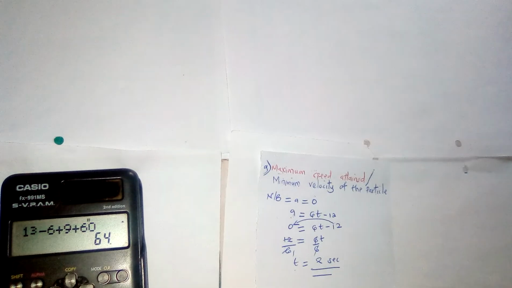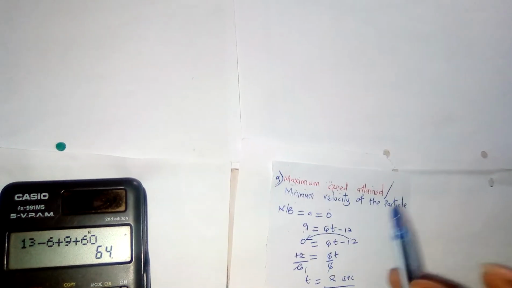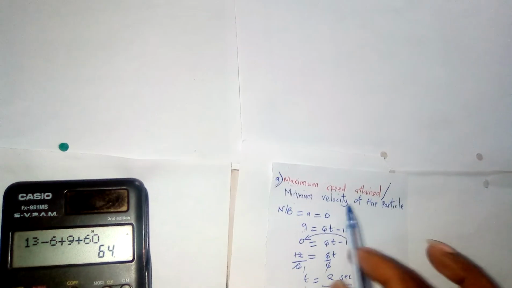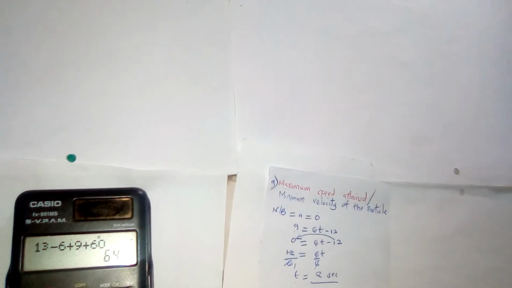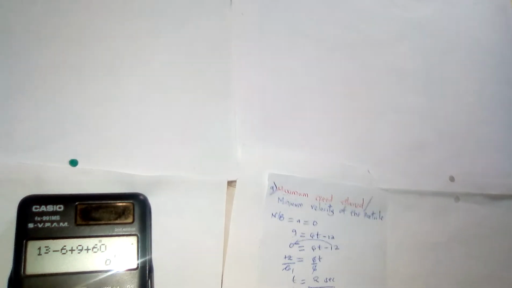Now the question was maximum speed or minimum velocity. Speed is just a velocity. So I'll get the equation of the velocity which I was having there, then substitute where t is with 2, and I shall be done.